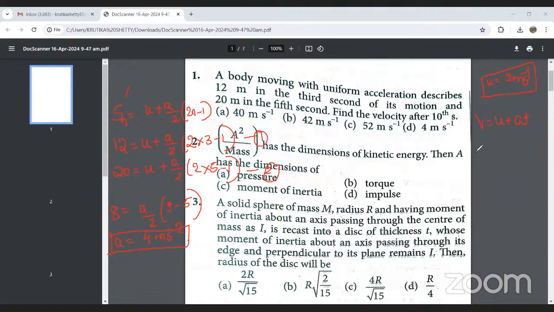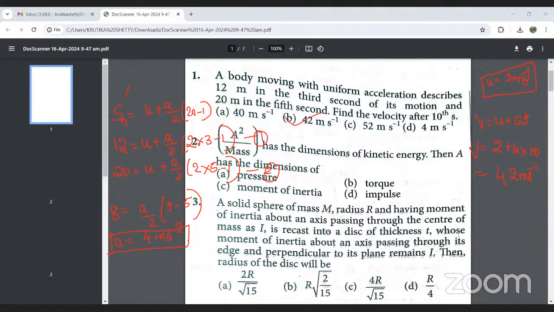V is equal to 2 plus 4 into the time, which is given as 10. So 4 into 10 is 40, plus 2 is 42. Therefore the correct answer is 42 meter per second. So option B is the correct answer here, students.